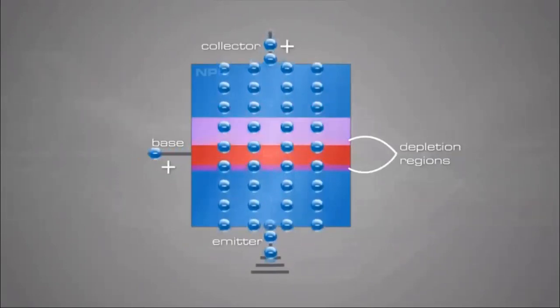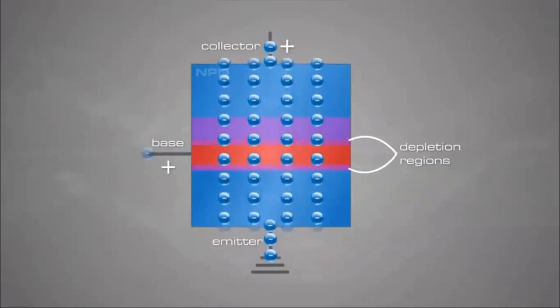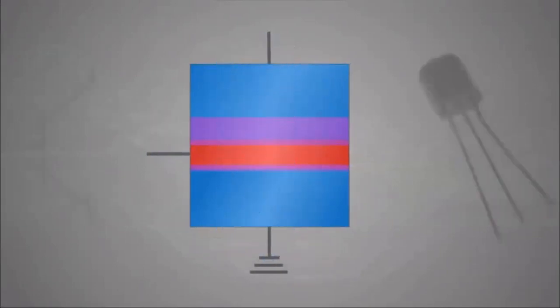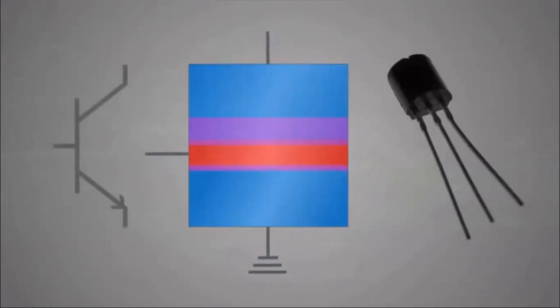The reverse biased base collector junction normally blocks any current from going through the transistor between emitter and collector. Bipolar junction transistors have many different uses and are found in almost every electronic circuit. It is important to understand the fundamental theory of operation of these devices.